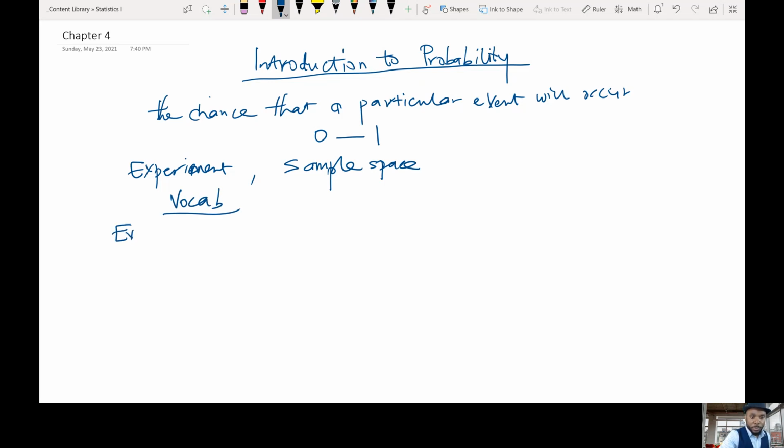So let me put some vocabulary and definitions. You would hear me use the word event. What's an event? An event is a collection of outcomes of a procedure. Okay.